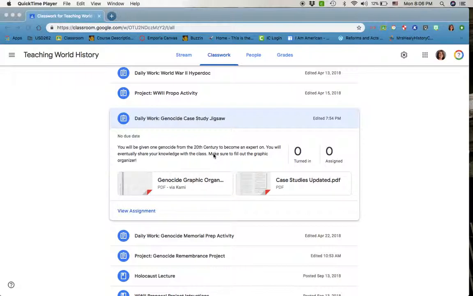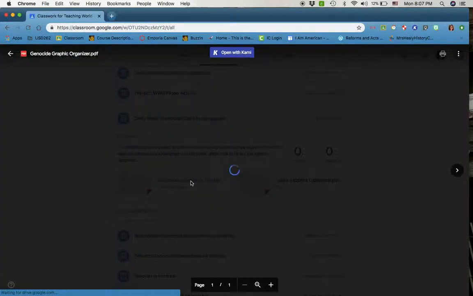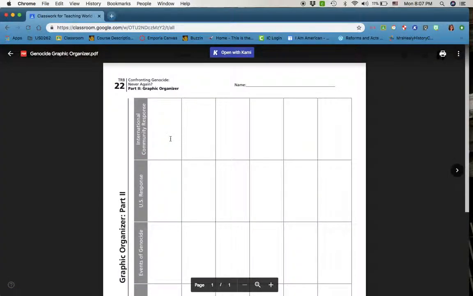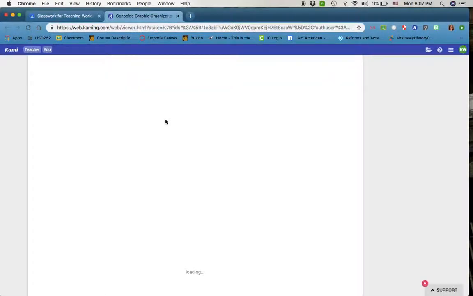So hopefully by now you guys have this assignment opened. If not, you need to get it open. And essentially what you guys are going to be doing is filling out the graphic organizer here. It looks like this. Now obviously it's not turned the correct way, but if you open it up with Cami, it will allow you to rotate the document.